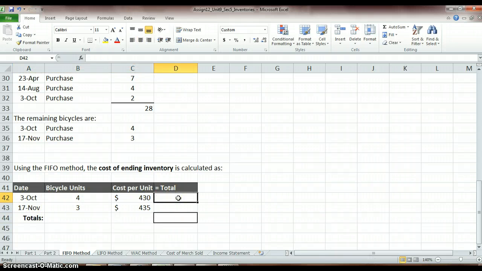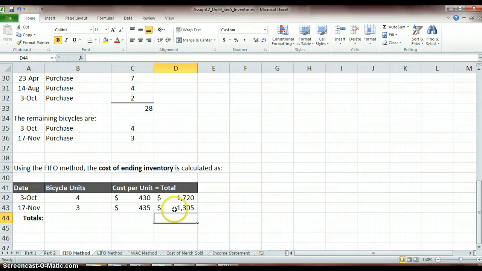So I have 4 bikes. Do it this way. I have 4 bikes at $430 a piece. So that's $1,720 worth of bikes that I have left for my October purchase. And then that also leaves me, oops, I need to put my equal sign there.